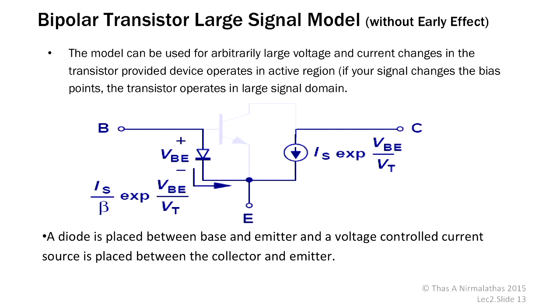If you want to represent a large signal model, the model can be used for arbitrarily large voltage and current. Obviously, when voltage is high, the current is high, provided the device operates in the active region. When your transistor is operating in the active region and you connect a large input signal, your DC bias points will change, like your VC.